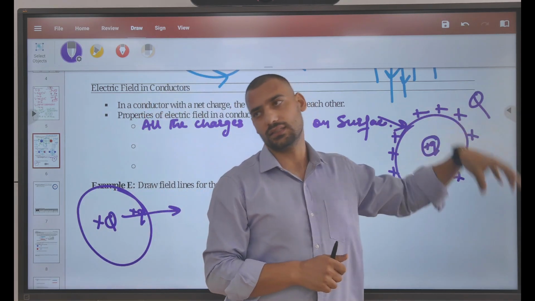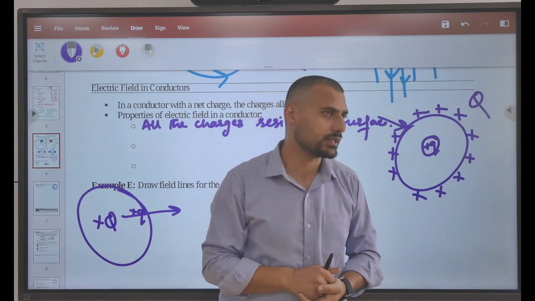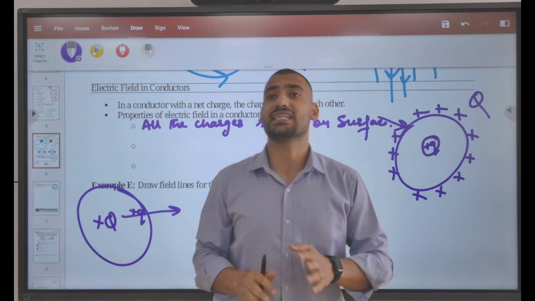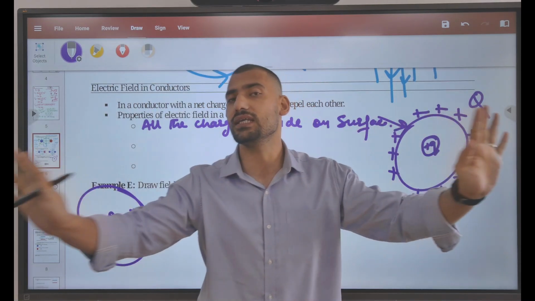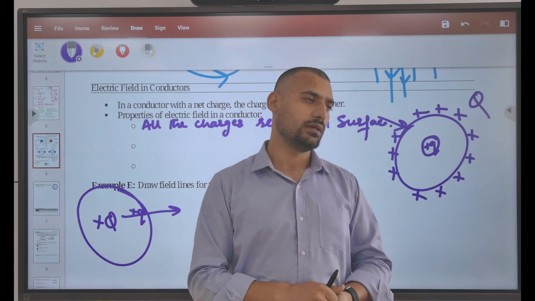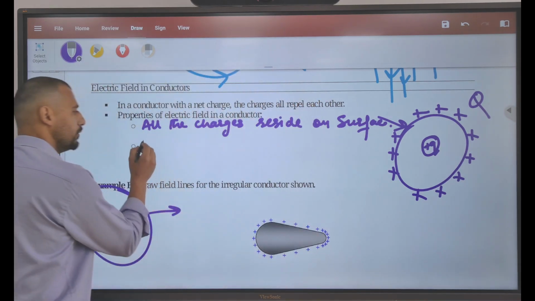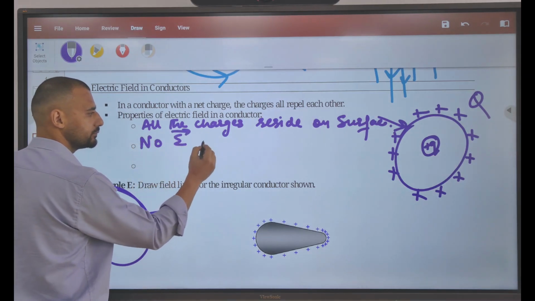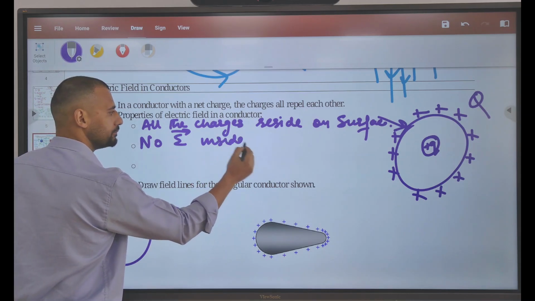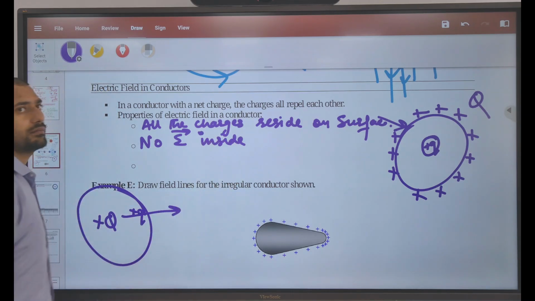So remember one thing, very important thing. Inside the conductor, the force experienced is zero. There is no field inside the conductor. Remember this thing. No electric field inside a conductor. Clear?